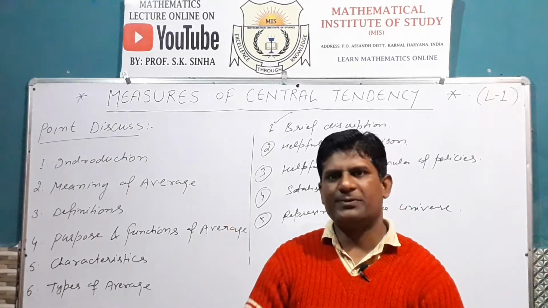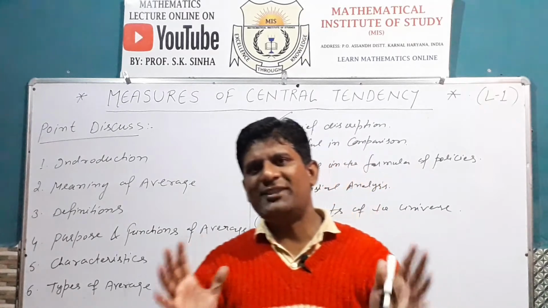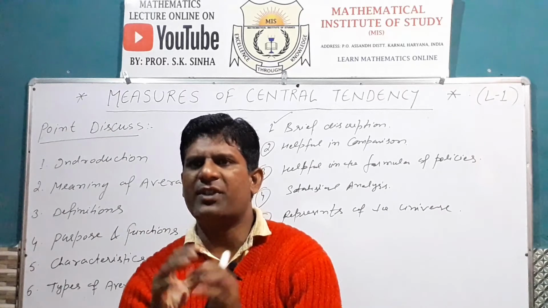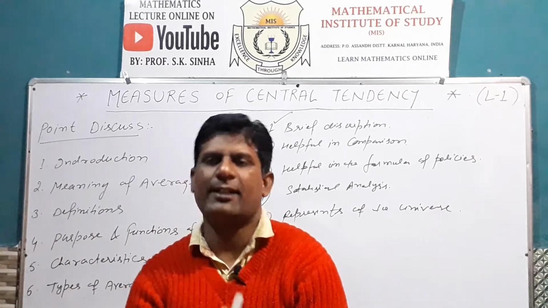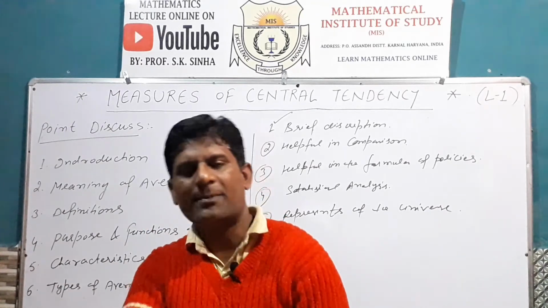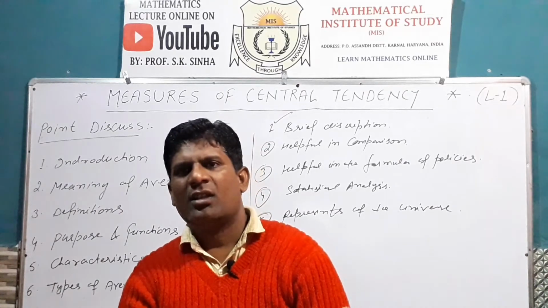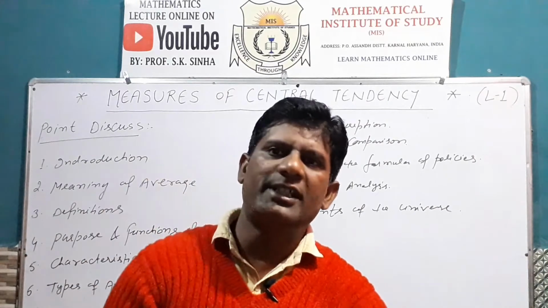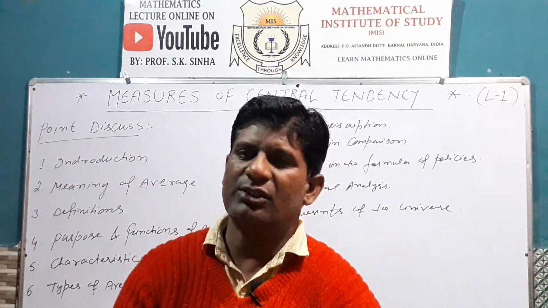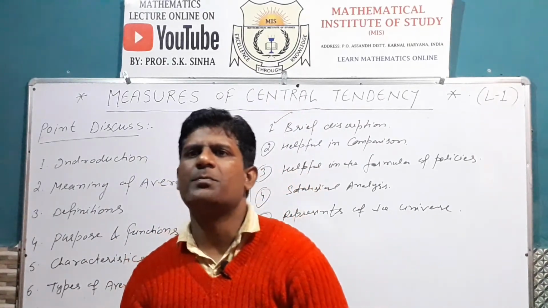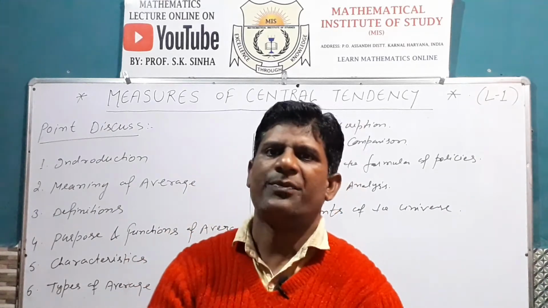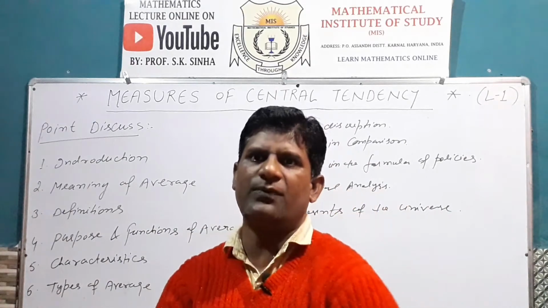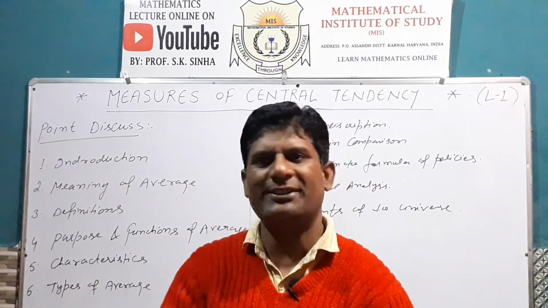Helpful in comparison. Averages help in making comparison of different sets of data. For example, a comparison of the per capita income of India and USA shows that the per capita income of India is much less in comparison to the per capita income of the USA.